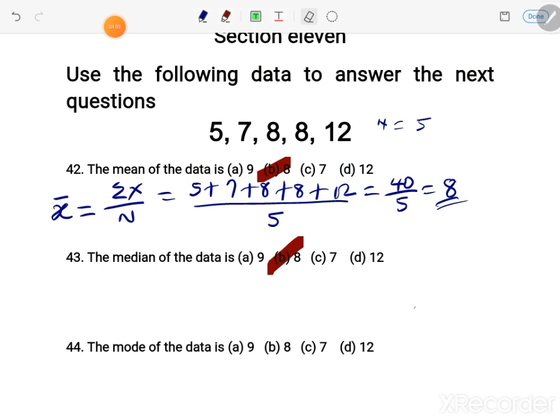The number that occurs most frequently is what we refer to as the mode. If you take a good look at this, you'll notice that 8 appears 2 times, while the other numbers appear just once. Therefore, the mode of this distribution is 8. And so B is the correct option. So they are all B, B, B.